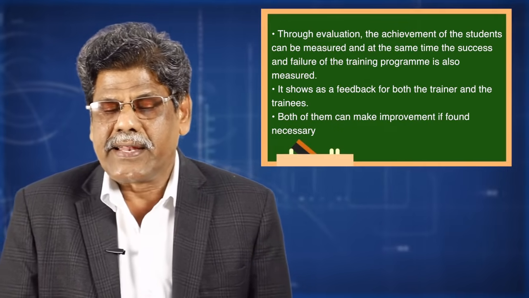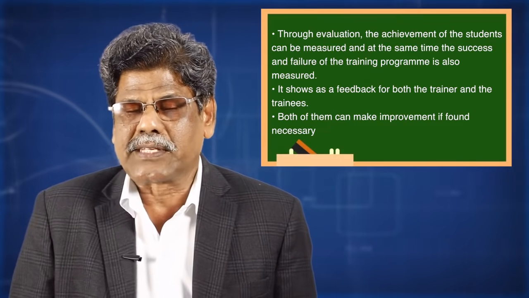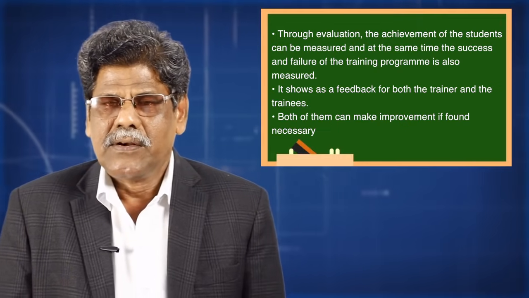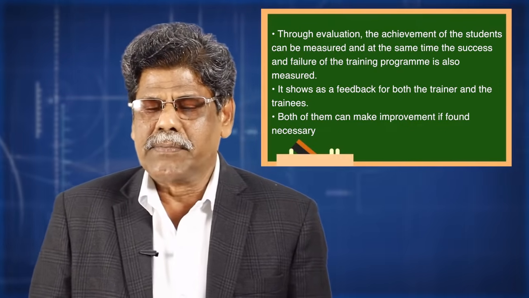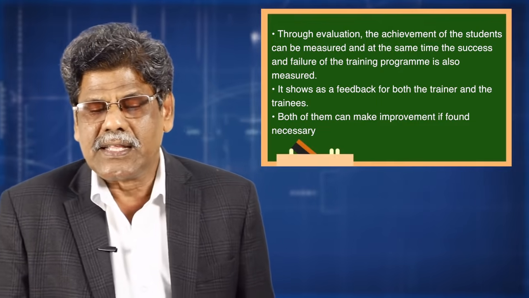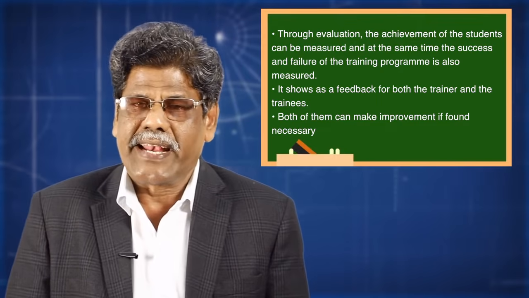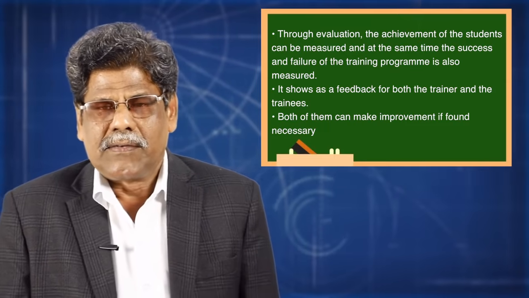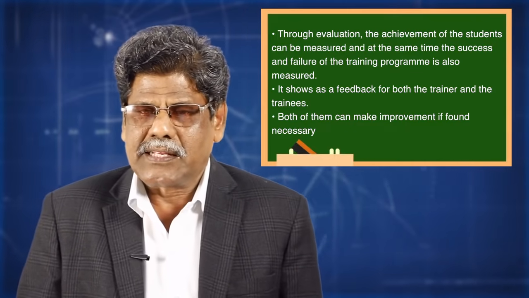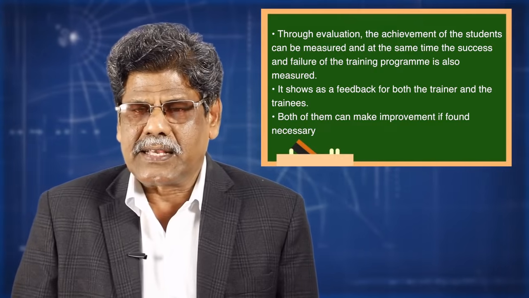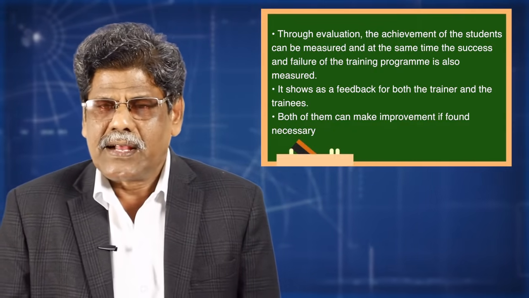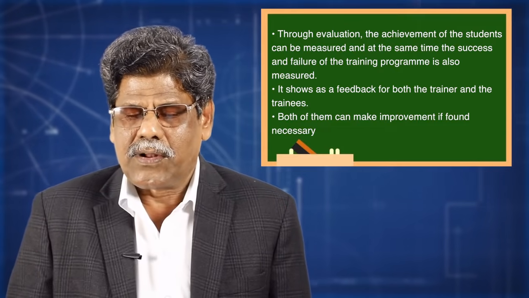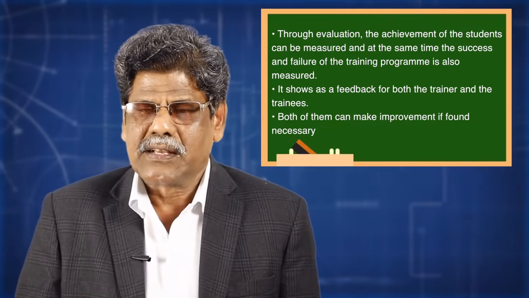Then the achievement of the students can be measured. What the students have achieved from the learning can also be measured by evaluation. Then success and failure of training can also be measured. After the analysis of the result, the teacher can know whether what he has taught is correctly followed or not, and whether it is success or failure.